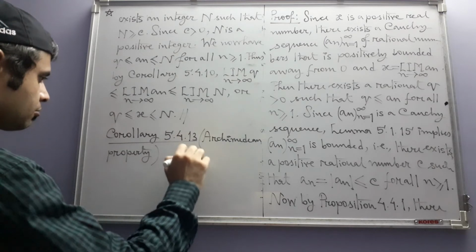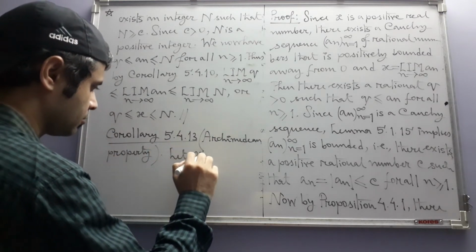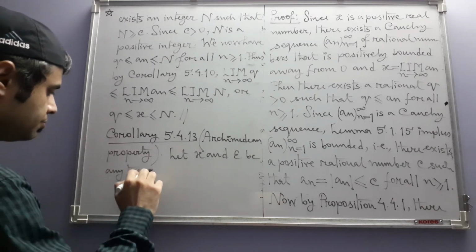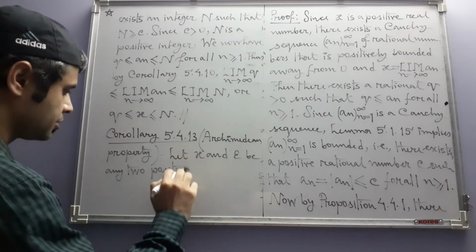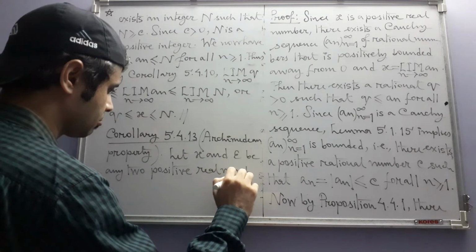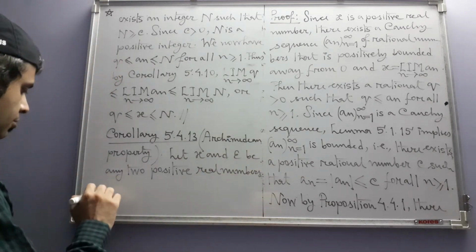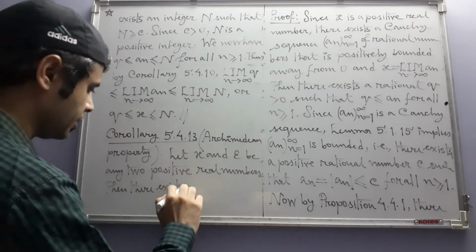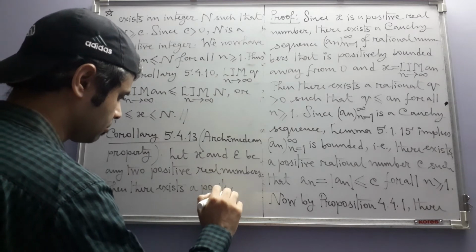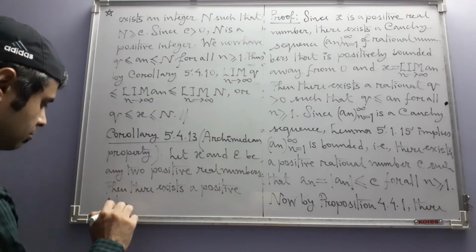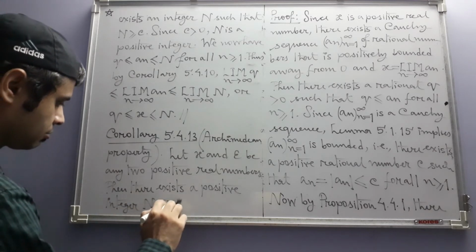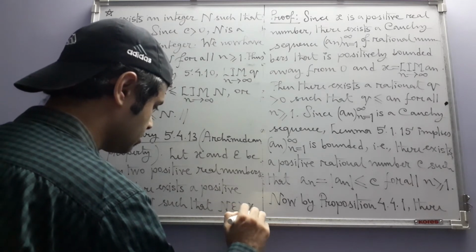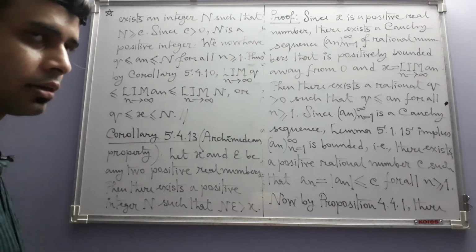Let x and epsilon be any two positive real numbers, then there exists a positive integer N such that N epsilon is strictly greater than x. This is the Archimedean property.